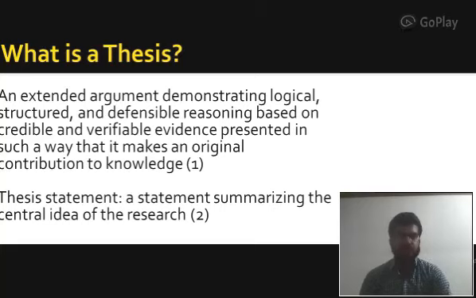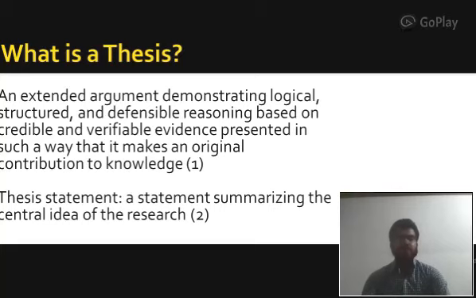It should not be simply a summary or reproduction of the current knowledge. It should bring in something that is not already known.